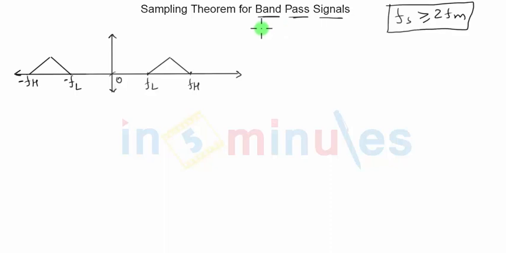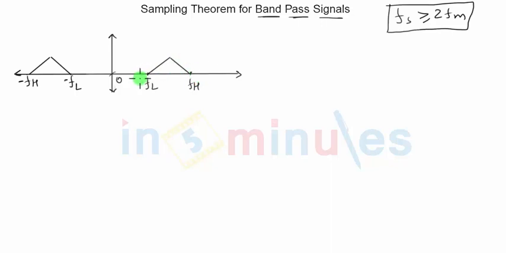A lot of signals in practice are bandpass in nature. For example, all the modulated signals that we have discussed so far, such as amplitude modulated and phase modulated signals, are bandpass in nature. If you remember, an amplitude modulated signal is present around the carrier frequency Fc, and the minimum frequency it has is Fc minus Fm, and the maximum frequency is Fc plus Fm.